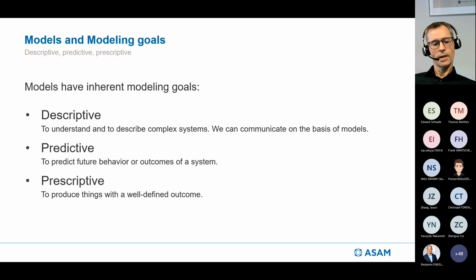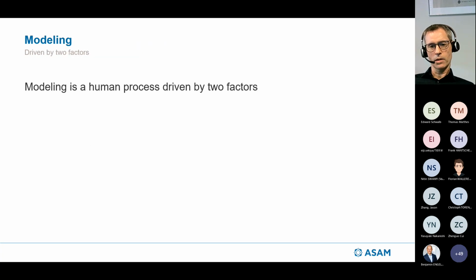Also, an IKEA product assembly instruction is something like a prescriptive model, or a recipe for an apple pie is also some kind of prescriptive model. So the modeling goals are very important when we later look at our model and ask ourselves, what is the modeling goal behind a specific model?